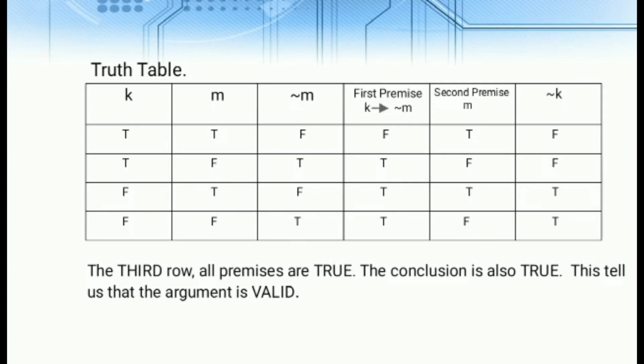And now lastly the conclusion, the negation of K, because I did not get a 15. So same here: true, the opposite of true is false. True, the opposite is false. False, the opposite is true. False, the opposite is true.